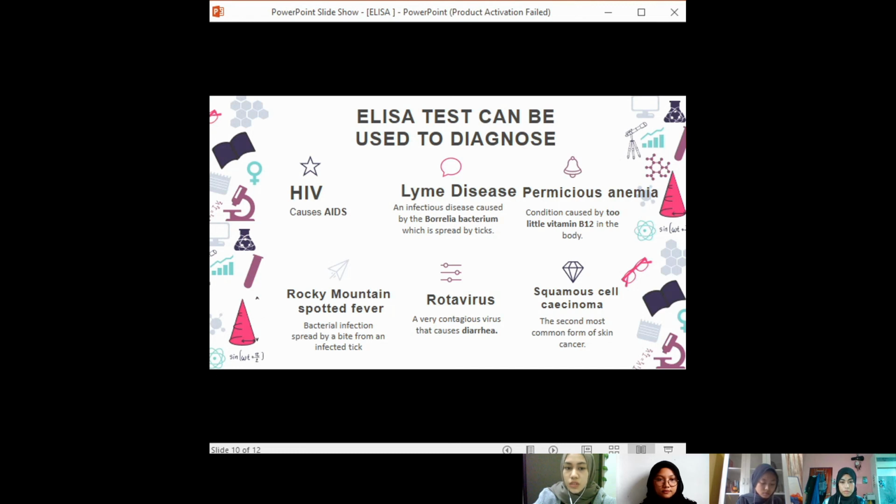We also have Rocky Mountain spotted fever. This is a disease caused by a bacterial infection spread by a bite from an infected tick. Rotavirus is also a very contagious virus that causes diarrhea. And lastly, squamous cell carcinoma. This is the second most common form of skin cancer. Thank you.